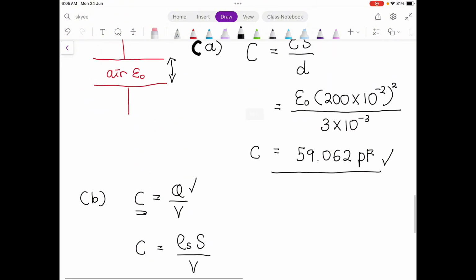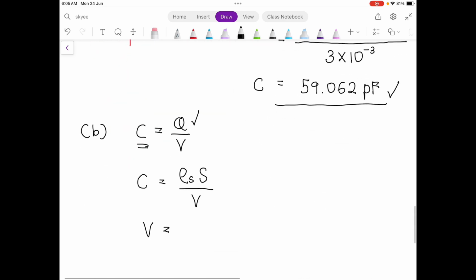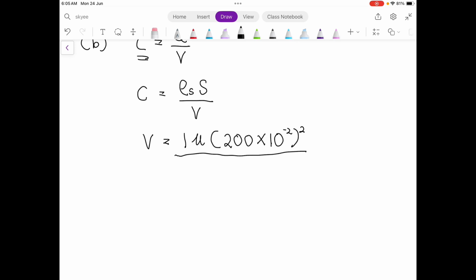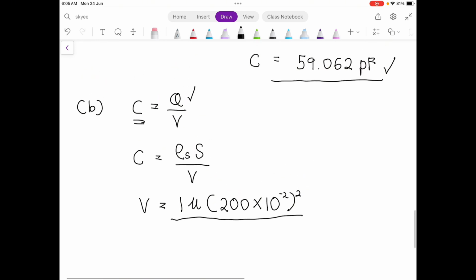The rho x in this case is 1 micro per meter square, and the surface area is 200, which we convert to meter square. And C is equal to 59.062 picofarad.